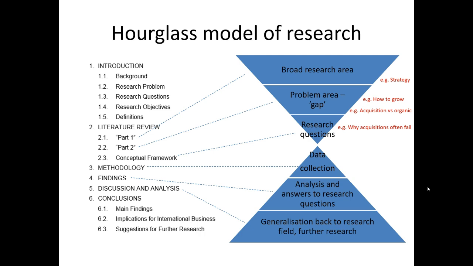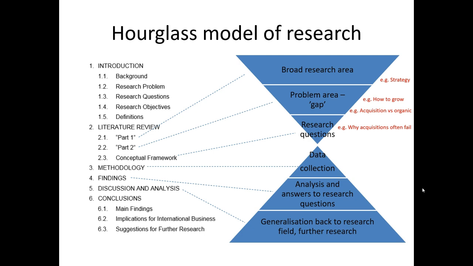Also, in the end of part 2, in the end of the conceptual framework, you could state something like: now that we have identified these important questions, we next move on to looking at what kind of methods and data we use in order to answer these research questions. And this is done in section 3, methodology.